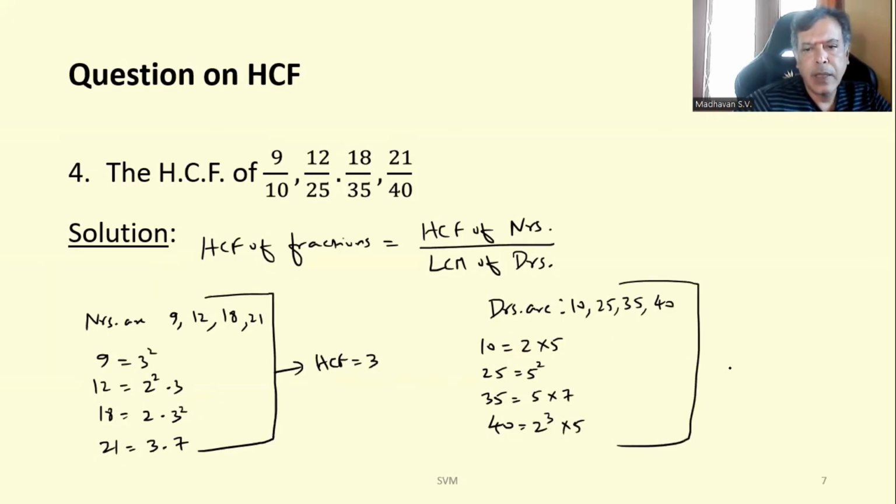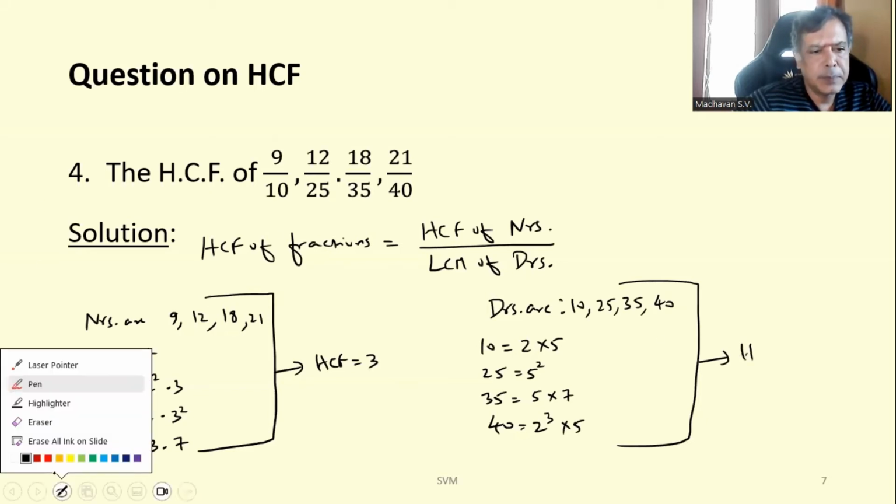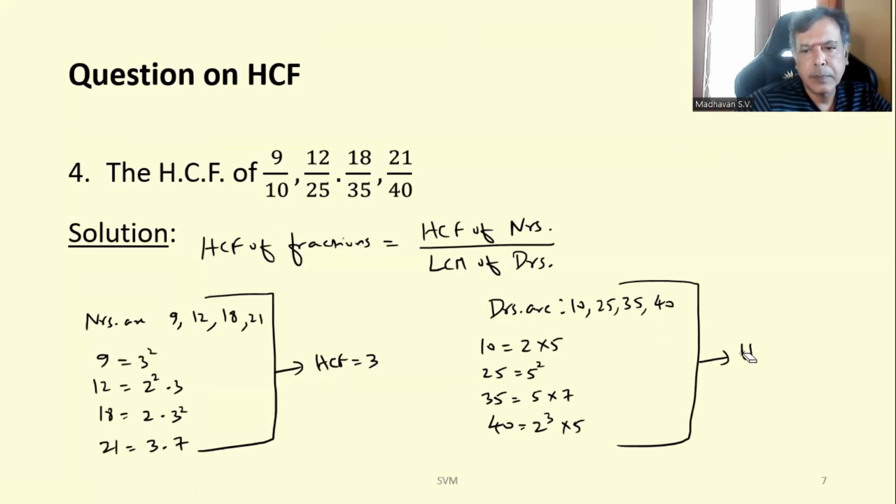Therefore, the LCM for these denominators will be 2 cube multiplied by 5 square multiplied by 7.